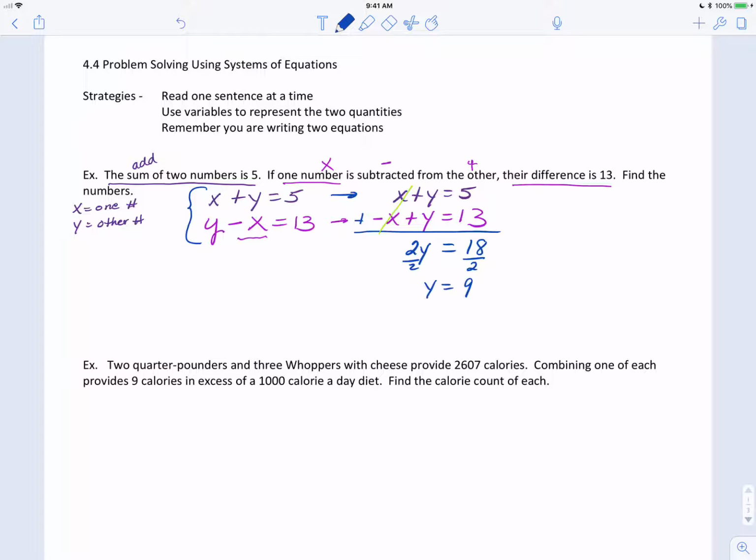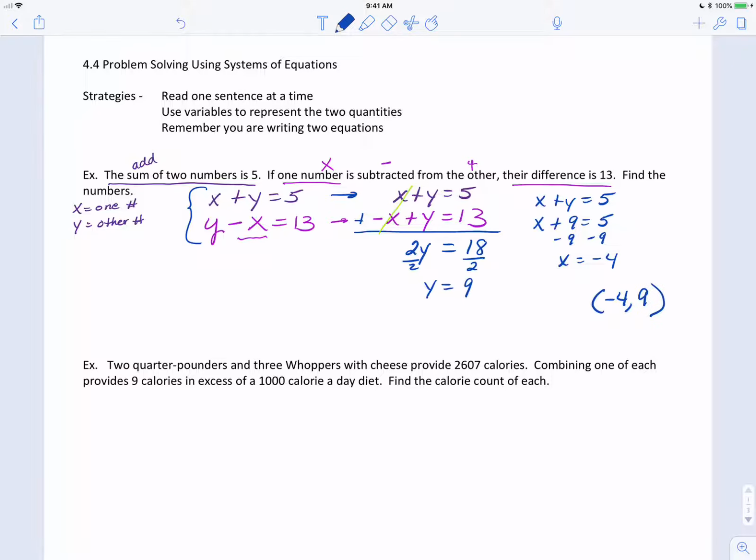Okay, remember then we can take either one of those equations, so x plus y is equal to 5. Now we go stick in the 9 for the y value and solve for x. So x is negative 4. So the ordered pair that satisfies this system of equations is negative 4, 9.